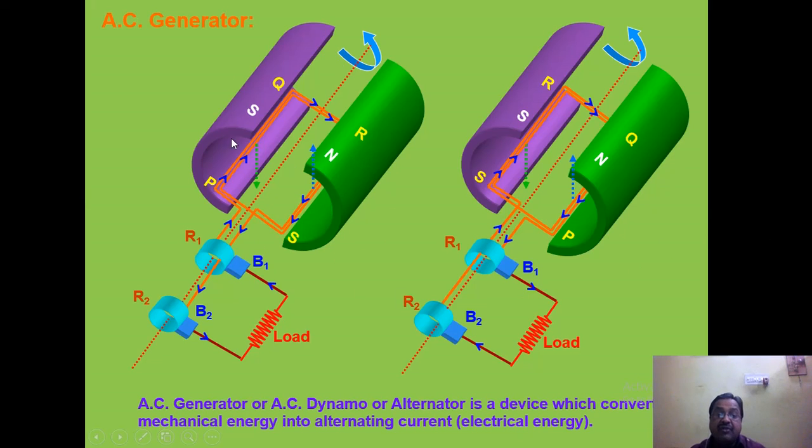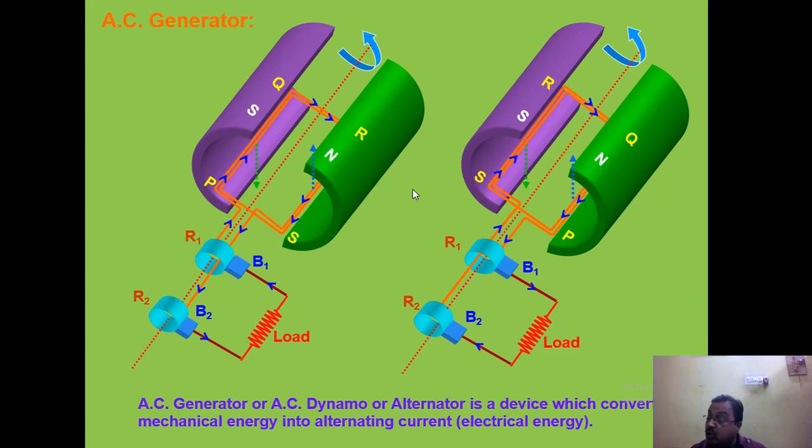Let us concentrate on the first position. PQRS is an armature. This armature generally consists of a large number of turns of thick copper wire wound over a soft iron core. Soft iron core is used to increase the magnetic flux linkage so that more EMF will be induced here.